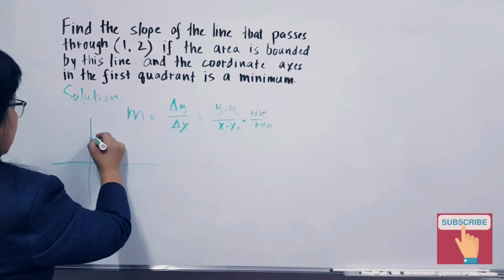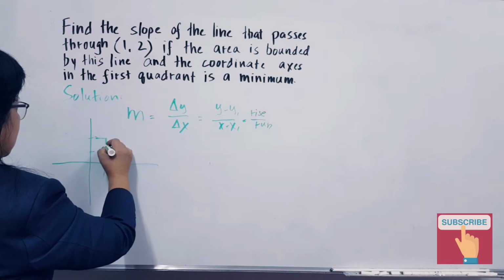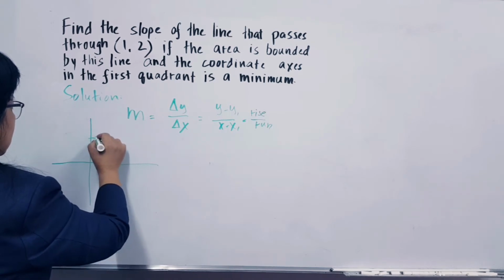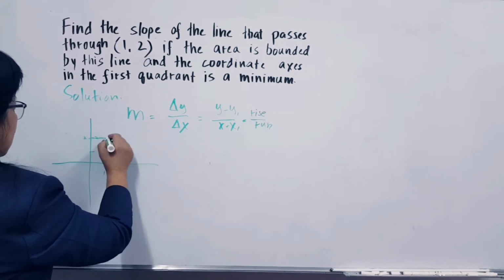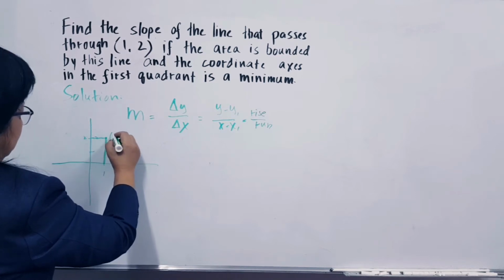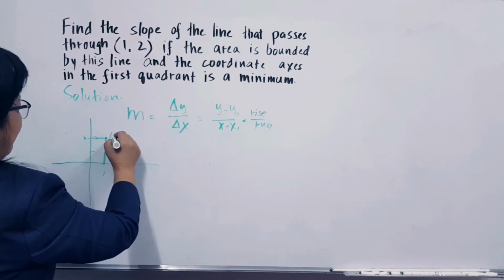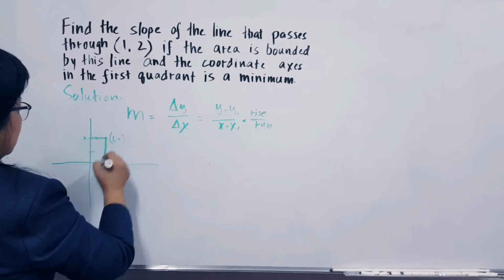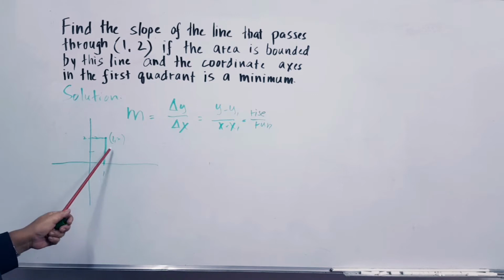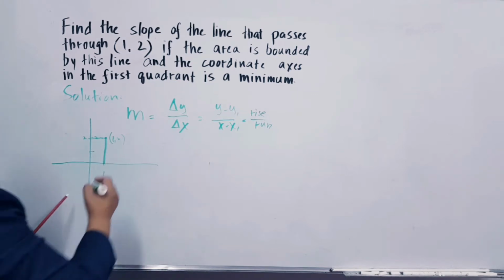Therefore, we have this point here. This point here is equal to (1, 2). This is x, 1 and 2. We call it point P.